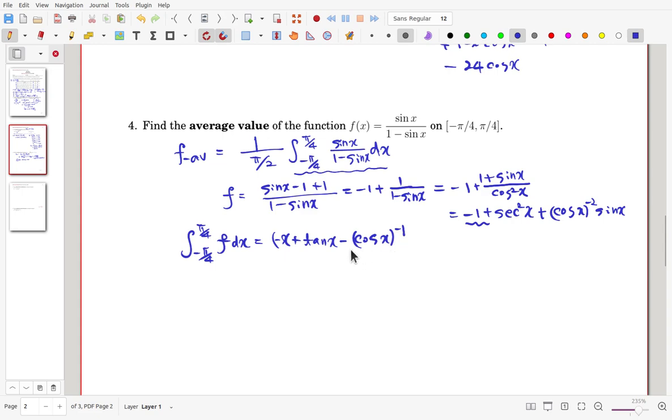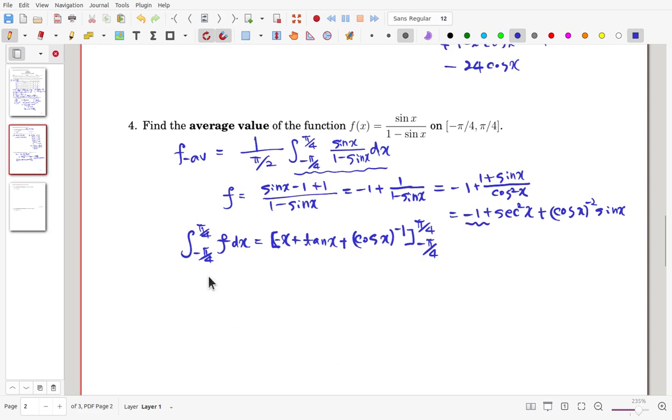If you take a derivative of that one, minus 1 will go out, the power will change into minus 2, and its derivative is minus sine x. So we have to put positive here. Along with that, from minus pi over 4 to pi over 4, you can get the solution.